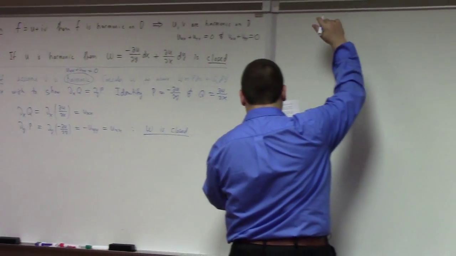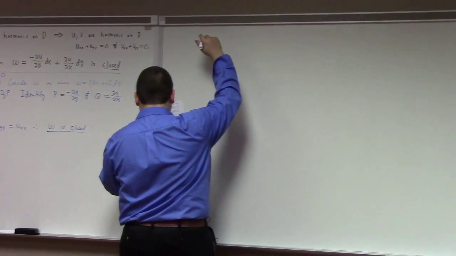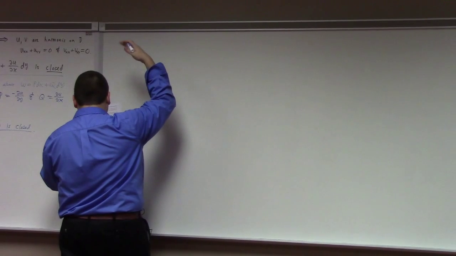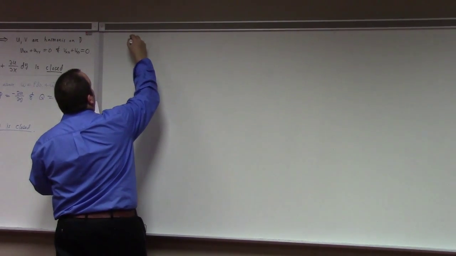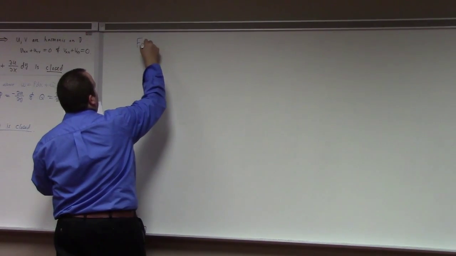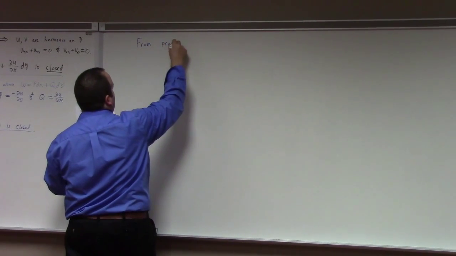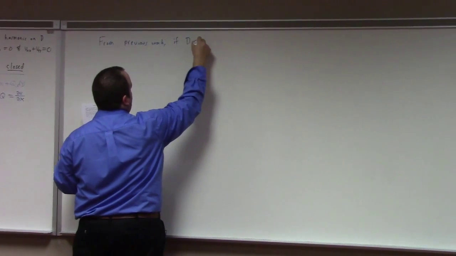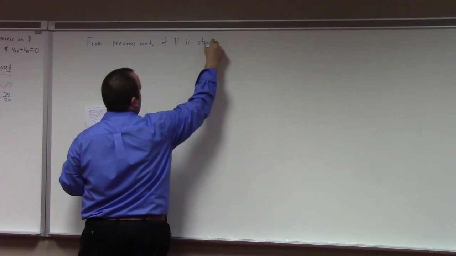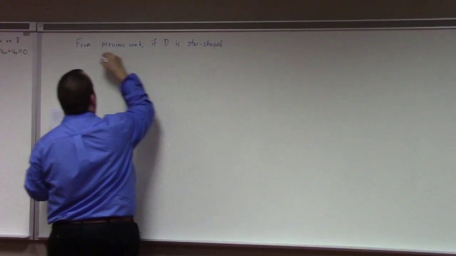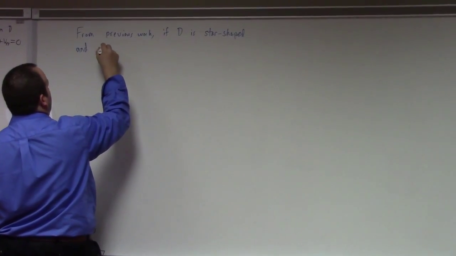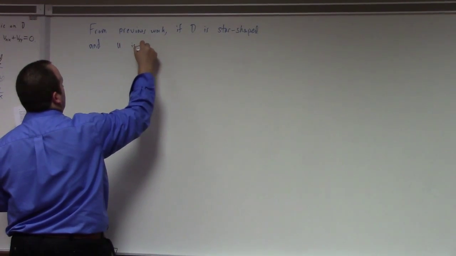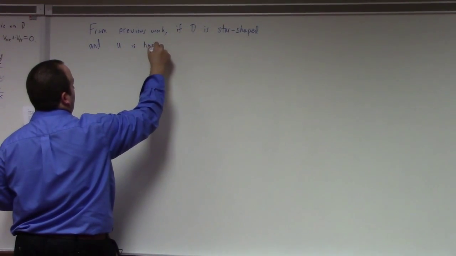So if we have, what do we know? In our previous section, we already proved that if D is a star-shaped domain, then it's exact, right? Like from last class or the class before, from previous work. If D is star-shaped, and u is harmonic, then by the lemma, what do we have?